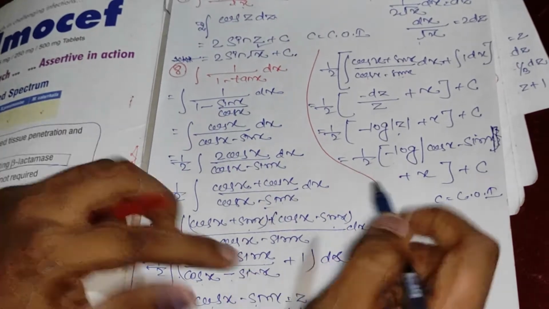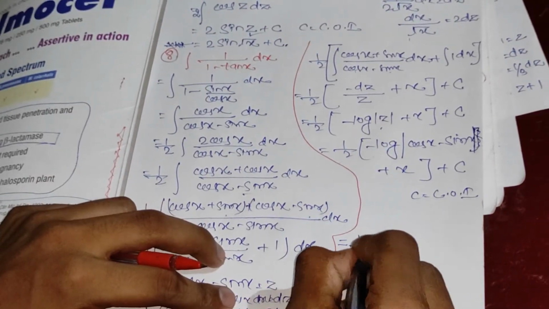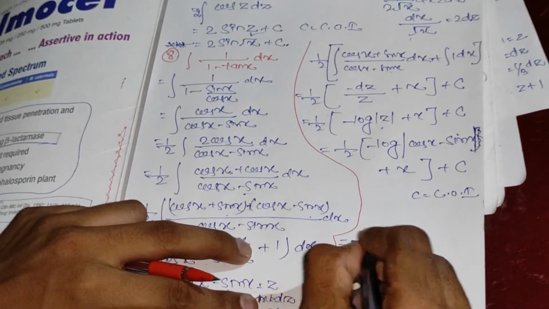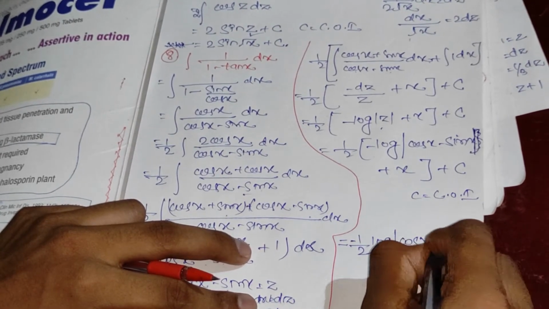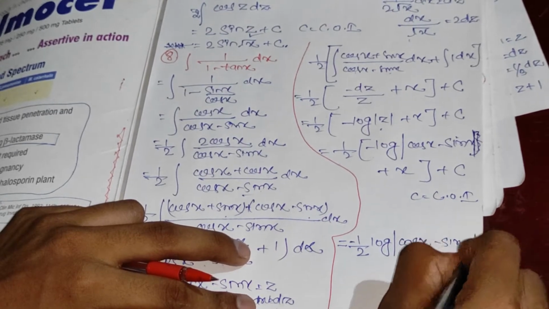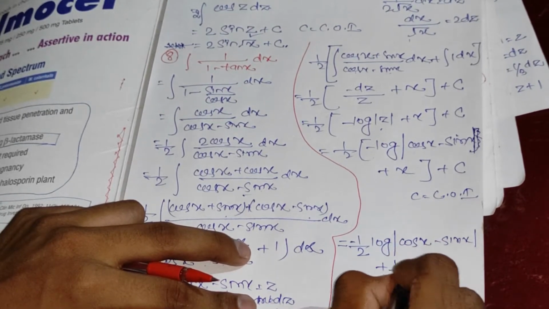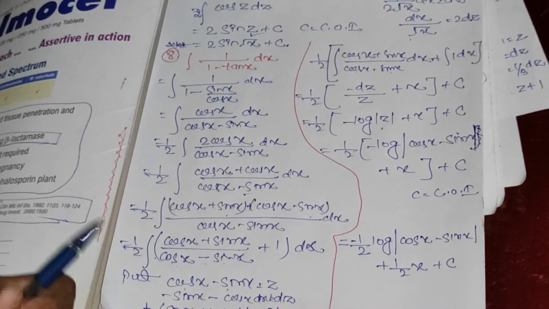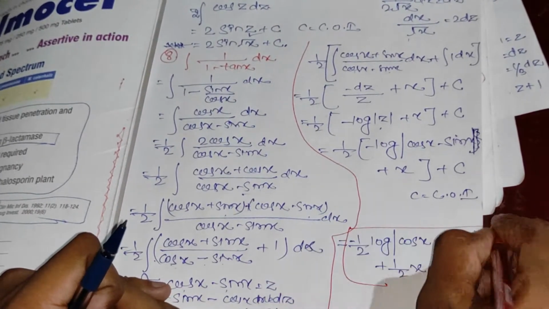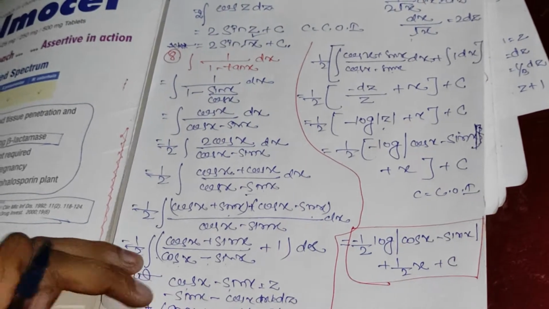So the final answer is 1 by 2 x minus 1 by 2 log of (cos x minus sin x) plus c. So this is the final answer of this question.